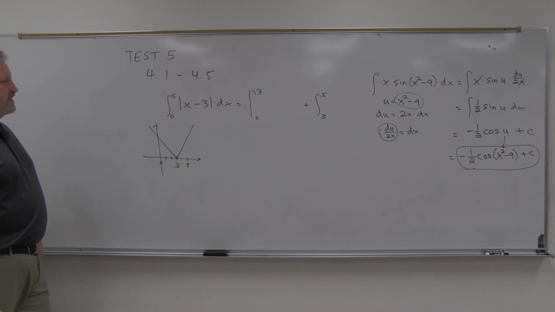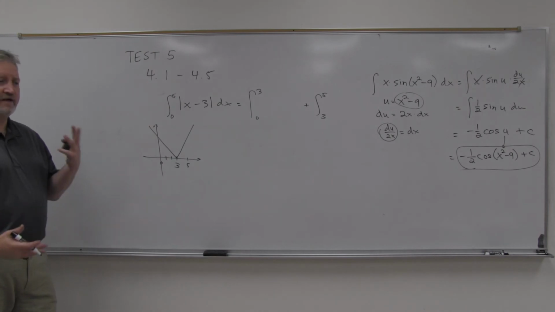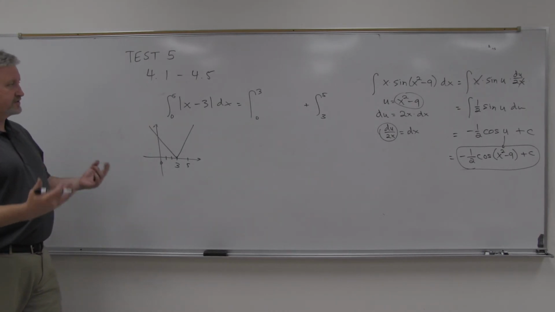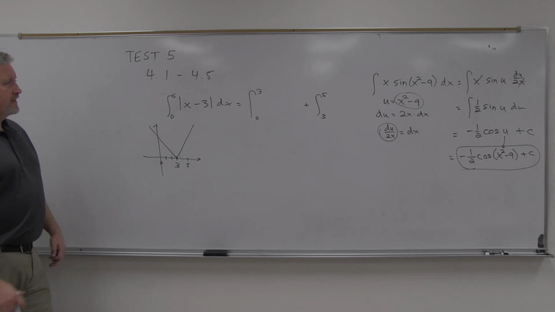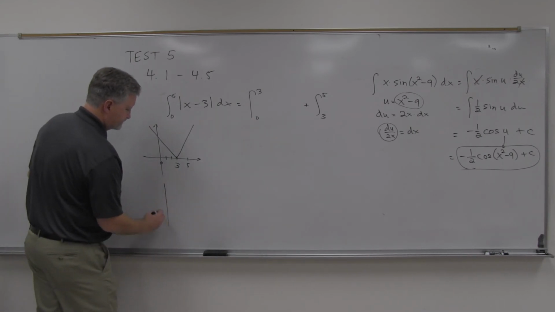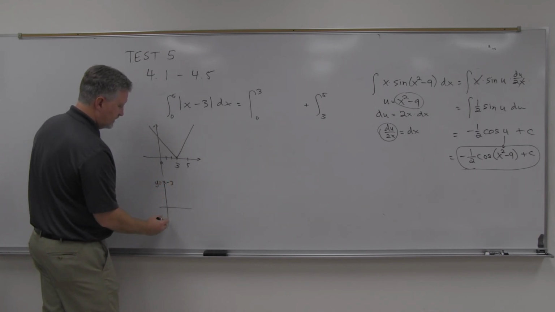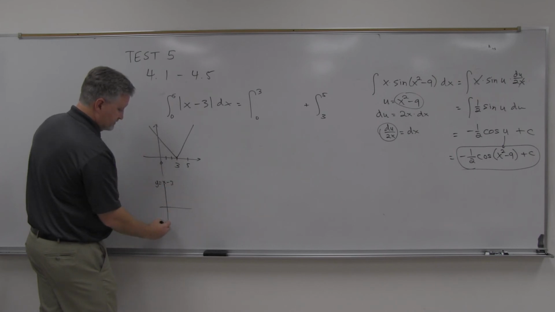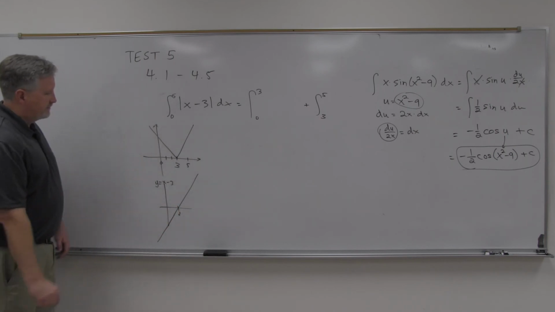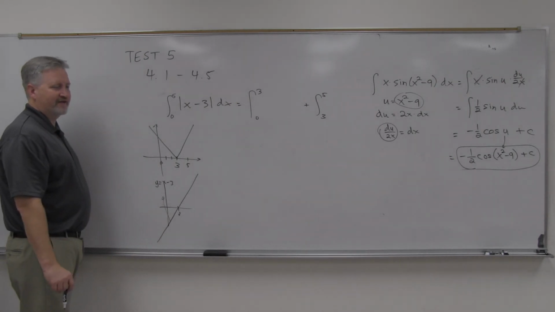And then the other thing is then we replace the absolute value of x minus 3 by either minus of x minus 3 or just plain x minus 3. And one way to look at it, if I graph just y equals x minus 3, we're looking at this graph here. And so this is the part that gets flipped up, and so that's one way to look at it.